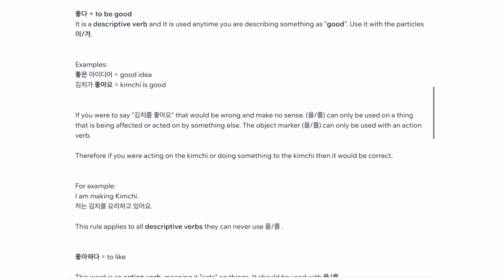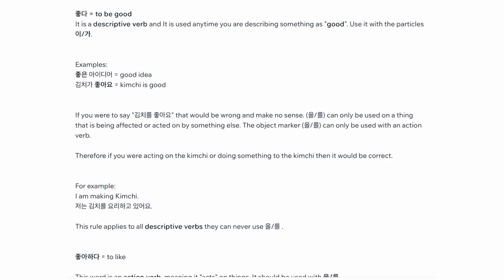So if we were to say something like 김치를 좋아요, that would be wrong, awkward, unnatural. 을 and 를 can only be used on a thing that's being acted on by something else. Like an object, right? If I am eating the kimchi, I'm acting on the kimchi, then that makes kimchi the object. 김치를 먹어요.